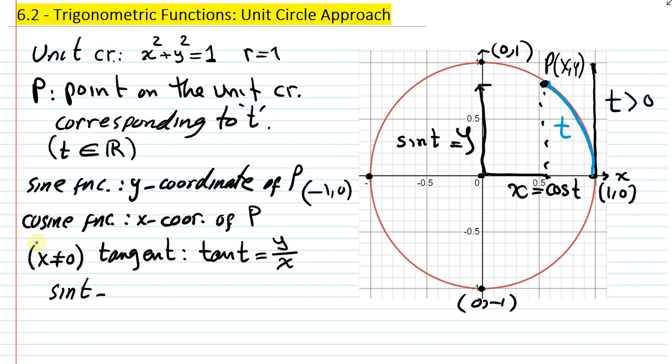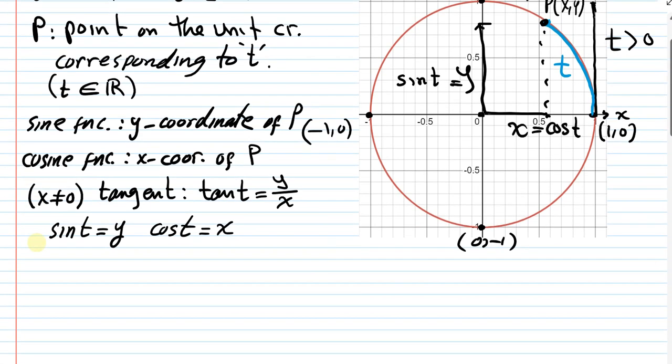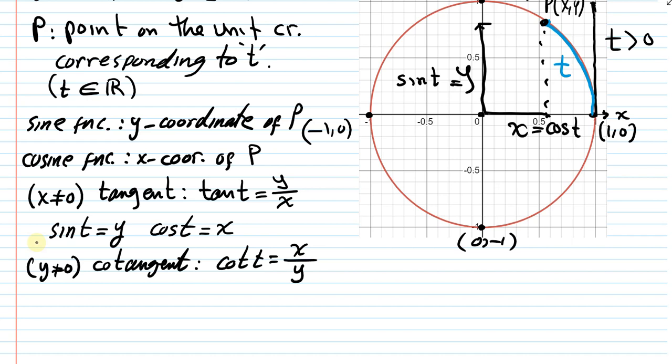Sine of t, therefore, is y. Cosine of t is x. Now, if y isn't 0, I can divide by y, and we get cotangent. Cotangent, cot of t, is the ratio of x to y.